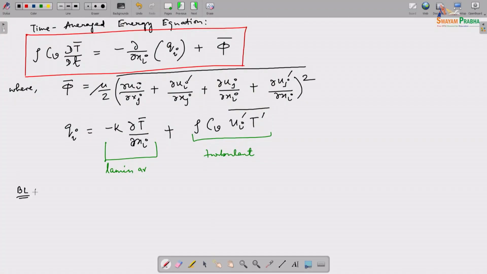Now, for a boundary layer, the energy equation reduces to this. Let's just see if this makes sense.